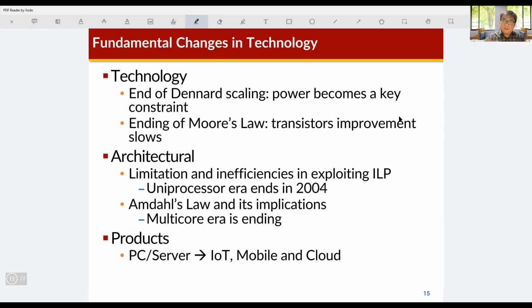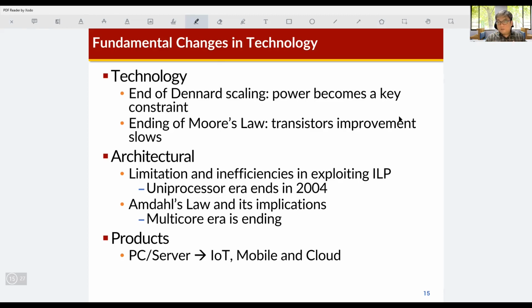So how is Dennard scaling maintained? The transistor size shrinks because the channel length of the CMOS transistor is reduced.